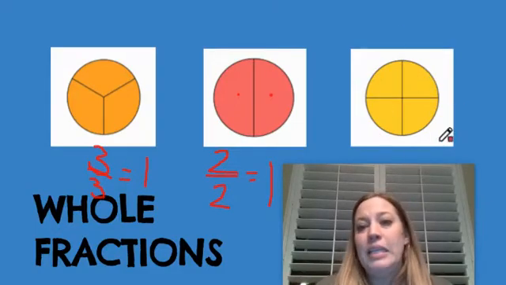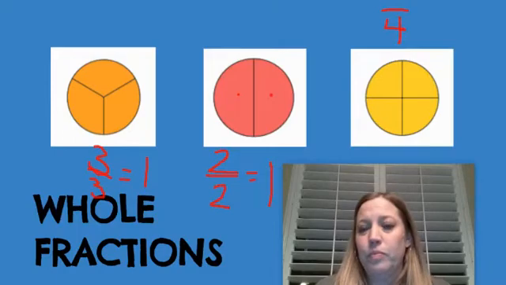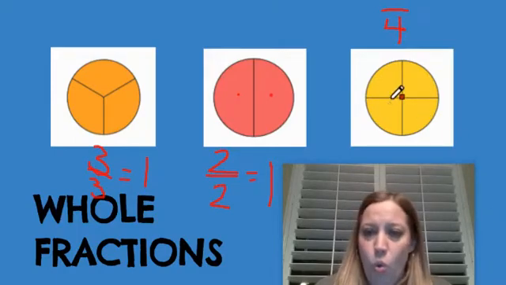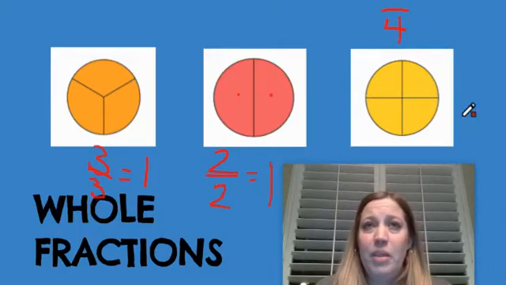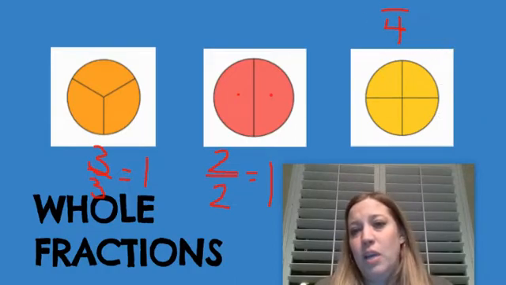Okay, we'll look at the next one. My face is kind of in the way, so I'll go up top. I'm going to see how many pieces there are. 1, 2, 3, 4. That goes in the denominator. And then if it's the whole thing, again, think about that pizza. If you eat the whole thing, you eat all of the pieces. So if there's 8 pieces on the pizza, you eat all 8. So if this was my pizza, I would eat all 4 of the pieces.